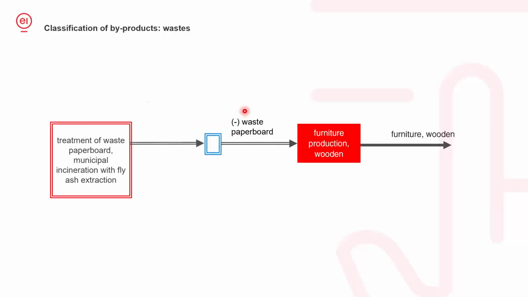So the producer of waste, as mentioned, bears the burden of treating the waste. And as seen in the example before, the heat that comes out is burden-free because the point of cutoff is just after the treatment of the waste.